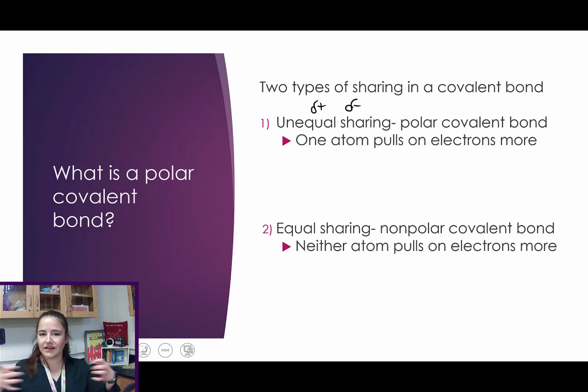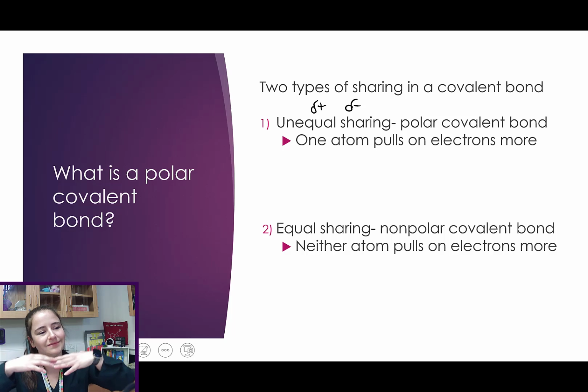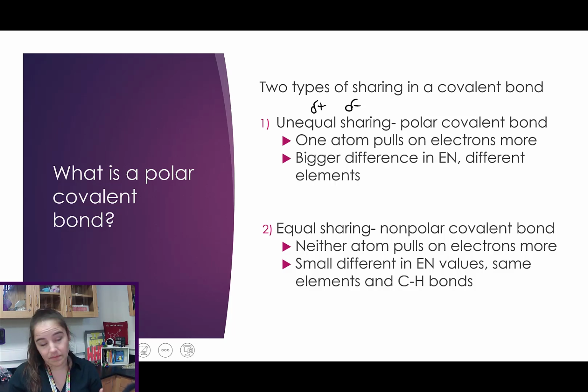In unequal sharing, one atom will pull on the electron more. In a nonpolar bond, the electrons will stay right in the middle. The polar bond will happen when you have bigger differences in electronegativity. So anytime really you have different atoms, where a nonpolar bond is when you have the same atoms in the compound. Or carbon-hydrogen bonds actually are also nonpolar.